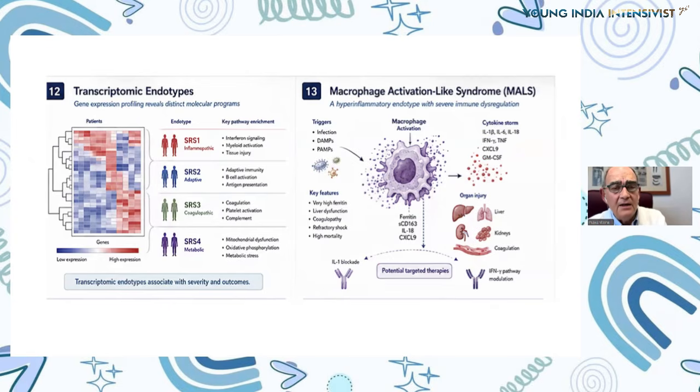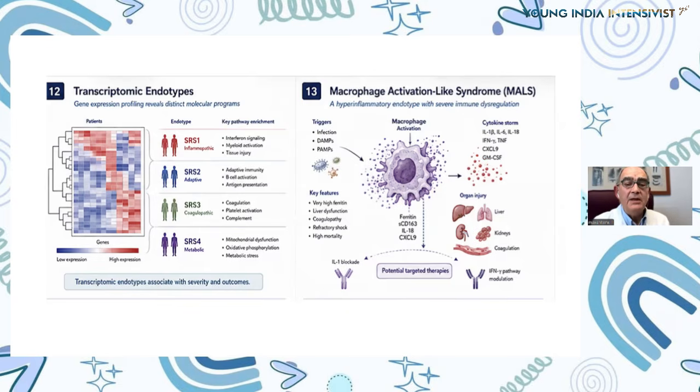And looking at the endotypes, we have an inflammopathic endotype whose pathway is related to the interferon signaling, to the myeloid activation and tissue injury, an adaptive one where the adaptive immunity enters into action, or the coagulopathic situation where we do have an alteration of the coagulation, platelet activation, and complement.